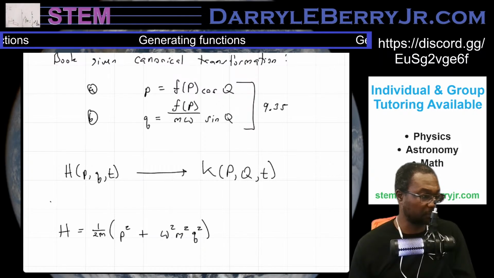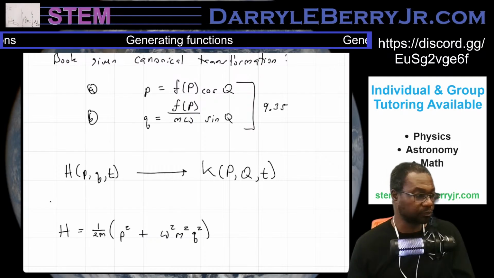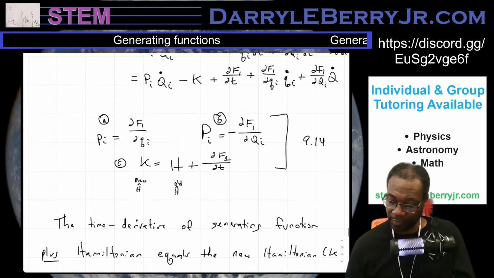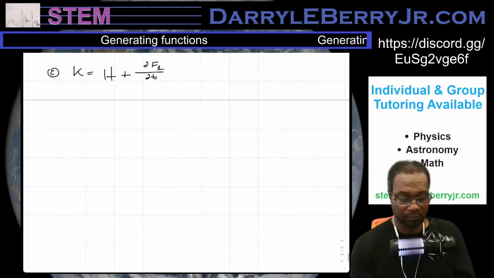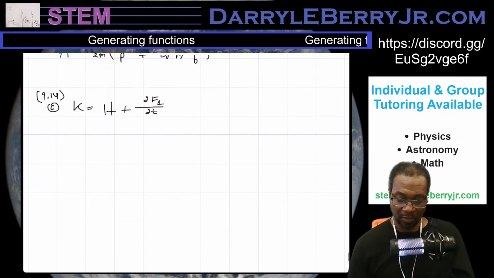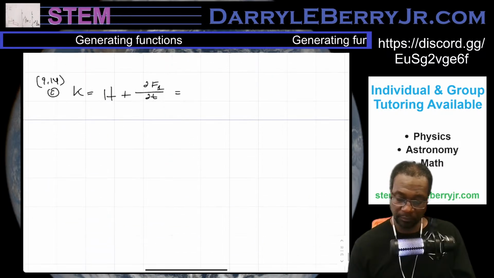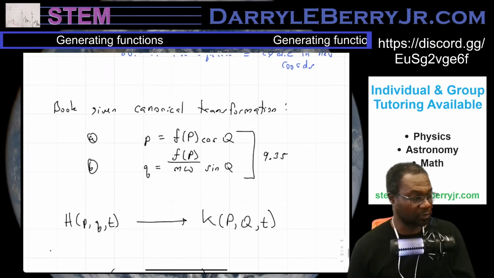We call the number of that equation 9.14. So this equals H plus 0, and that's why they must be calling it that in this case.